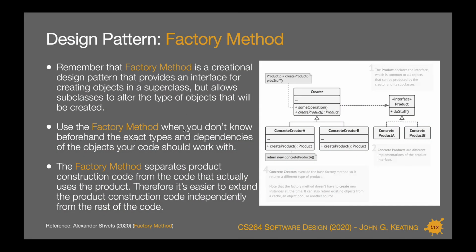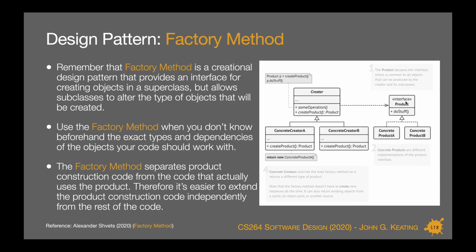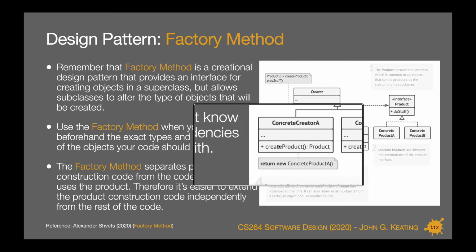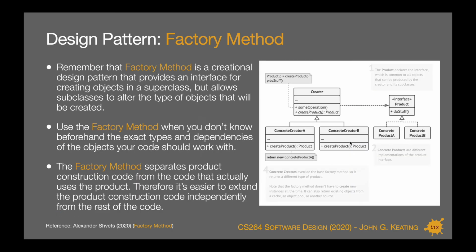There's also a nice description of the class diagram, and you can see here we have a creator class this time, and the creator is basically our factory. It creates some products. It has concrete product A, concrete product B, and then we have creators, which are creator A and creator B.